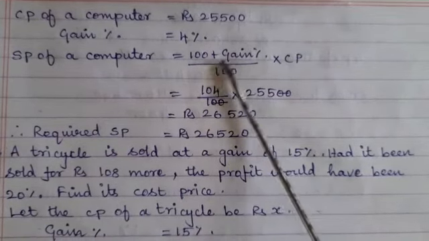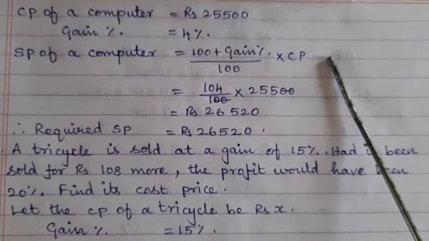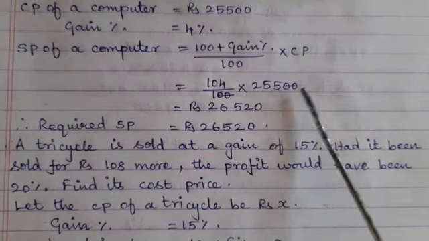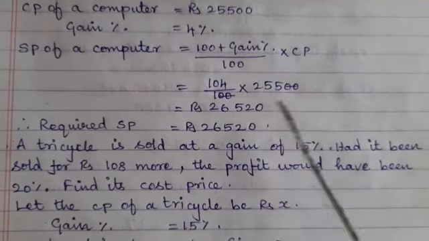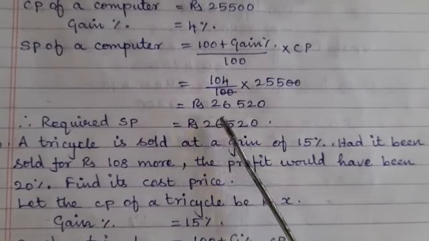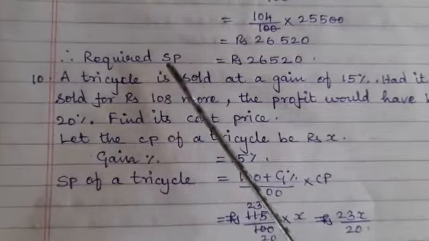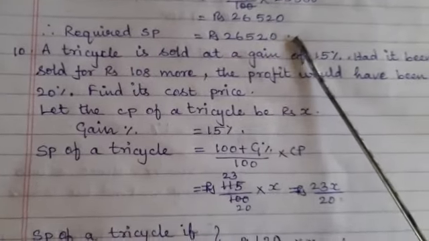Formula: (100 plus gain percentage) divided by 100 multiplied by CP. So 100 plus 4, 104 by 100 multiplied by 25,500. Do the simplification, show the process in the rough work, which is equal to rupees 26,520. So how much should he sell? So required SP is equal to rupees 26,520.